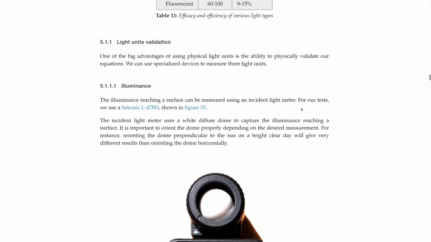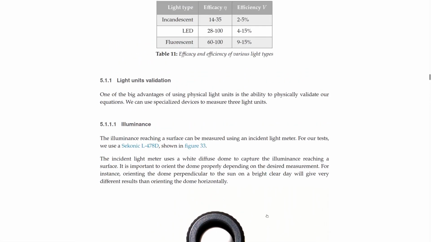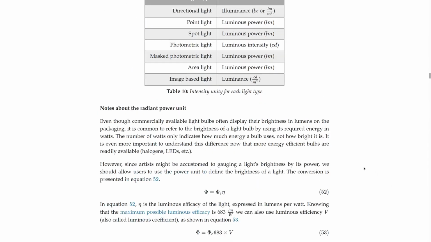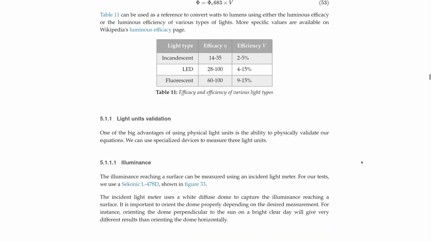Okay, so looking at validation of light units, one of the big advantages of using physical light units is the ability to physically validate our equations. We can use specialized devices and measure these light units, so the amount of things like lumens and candelas can be evaluated.